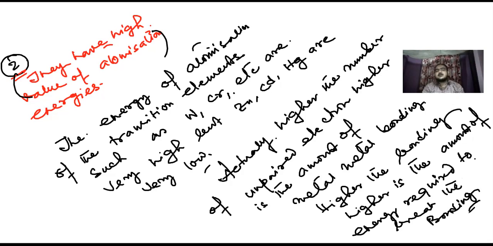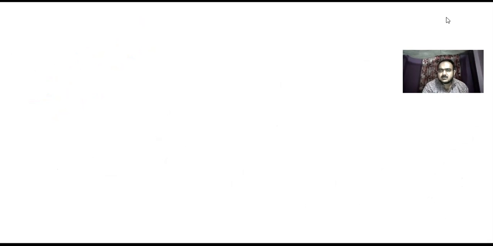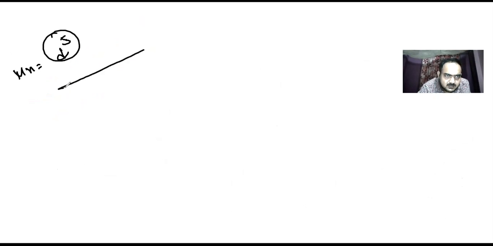But there is a problem here. Manganese shows abnormal behavior. In case of manganese, there is a d5 configuration. D5 means 5 unpaired electrons are present: 1, 2, 3, 4, 5.